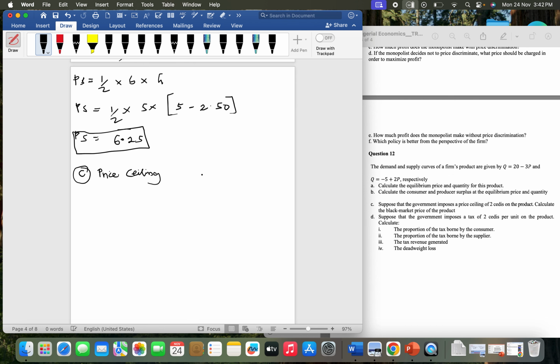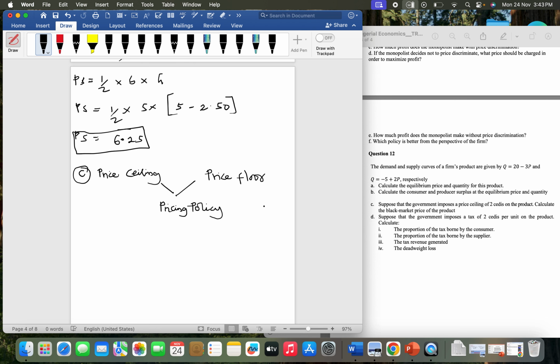We have price ceiling, and I'm using it to explain this topic. We have price ceiling and we have price what? Floor. These two things fall under pricing policy. So in the pricing policy, you have price ceiling and what?